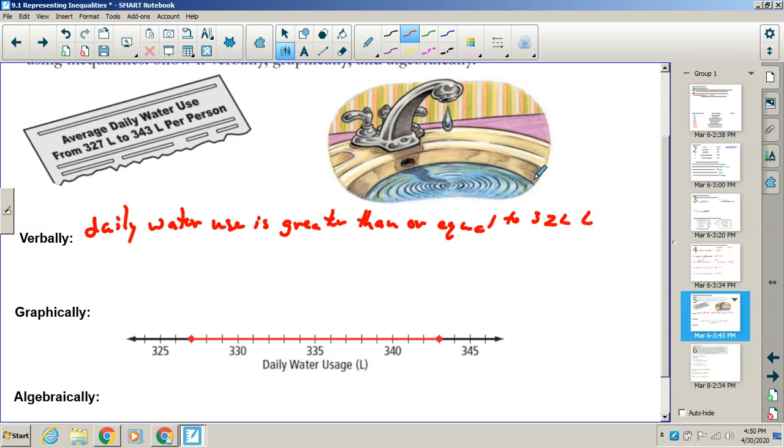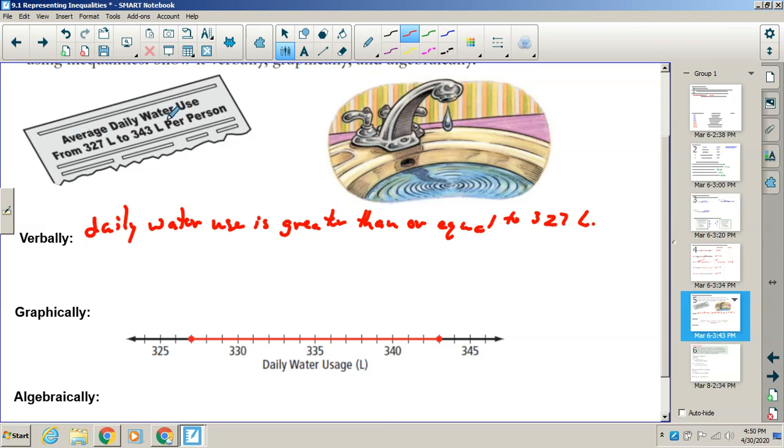So that's the first part. Whoops, 327, I guess it should be. I'll fix that. 327 liters. There we go.